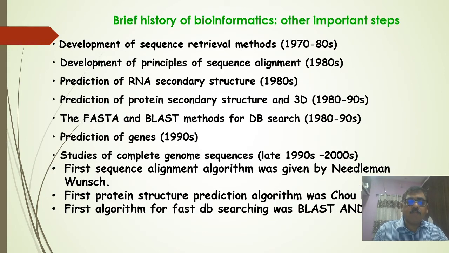The development of sequence retrieval methods was done in the 1970s in bioinformatics. The development of principles of sequence alignment was in the 1980s, prediction of RNA secondary structure in the 1980s, then prediction of protein secondary structure and 3D structure in the 1980s to 1990s.